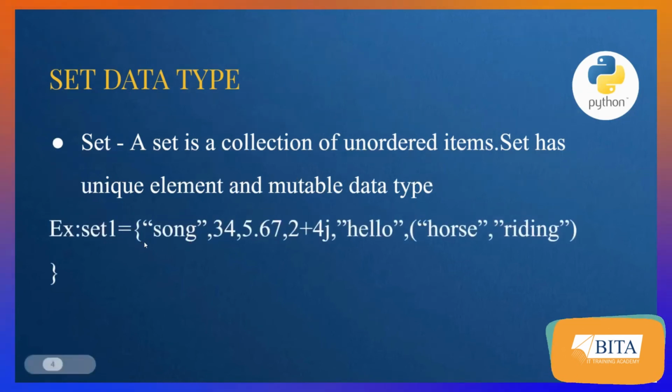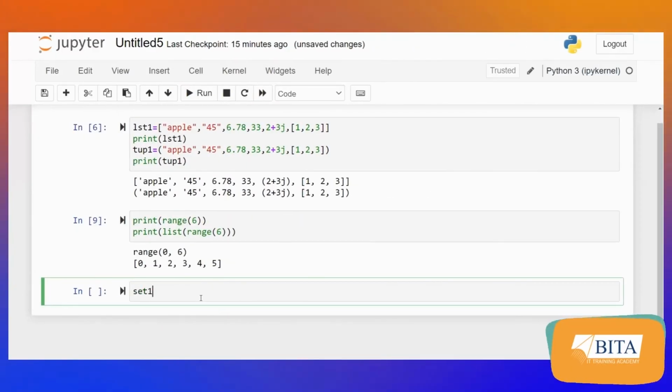So for the set example, string input, integer, float, complex, everything we added. And we have to use curly brackets. So set1 is equal to evening, well, 56.89.